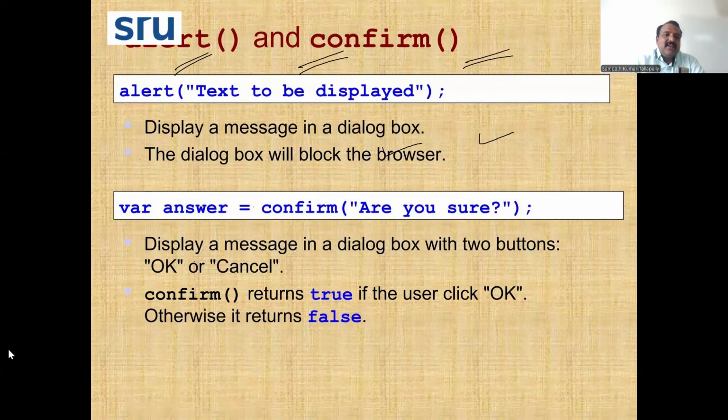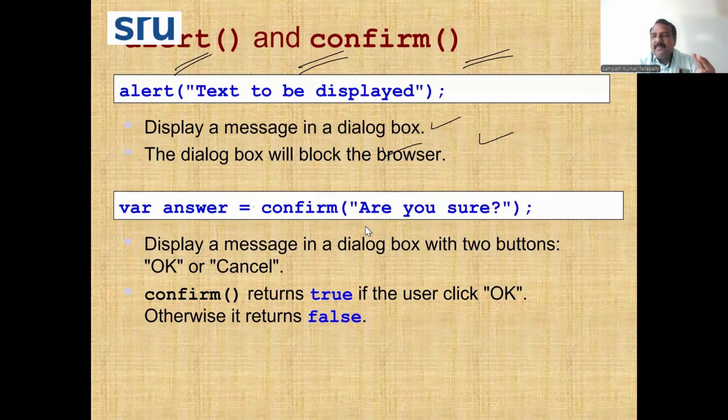If I'm saying alert, it is going to display the dialog box, and the dialog box will block the browser. It means that unless you give some answer to this box, you cannot perform any sort of operations on that web page. And then confirm.